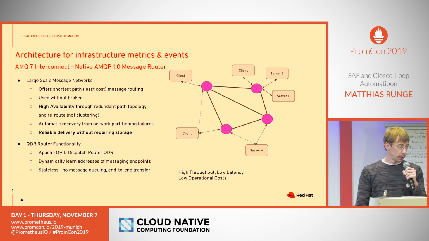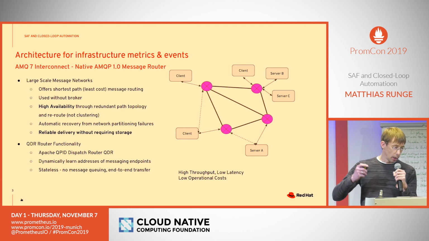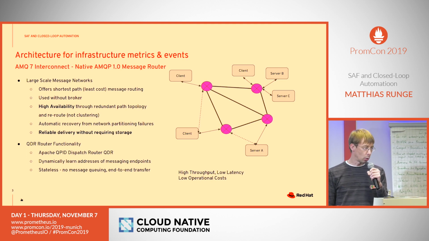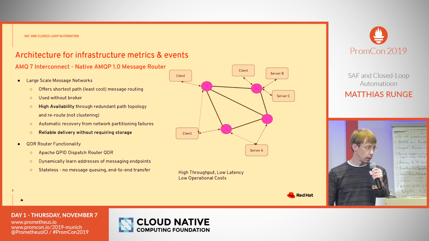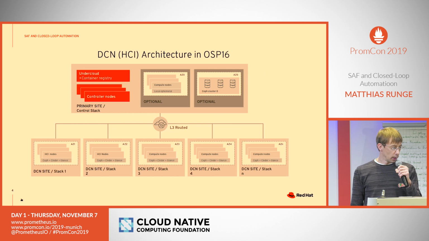The AMQ bus is smart enough to provide some high availability, and just in case some core node goes down, it gets replaced by other routers. That's the basic takeaway you need here.